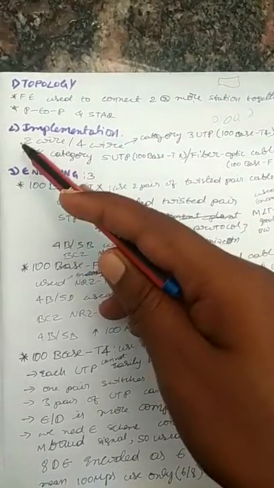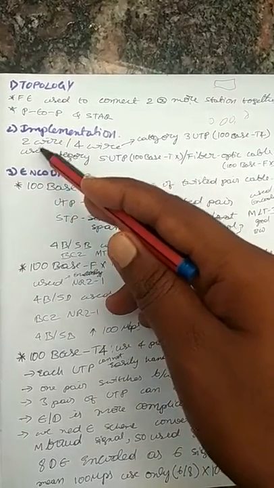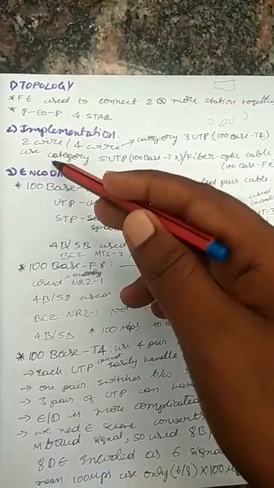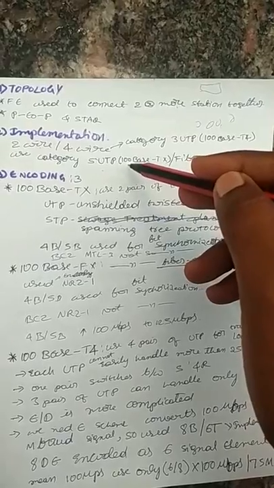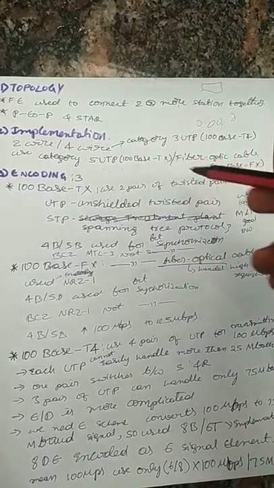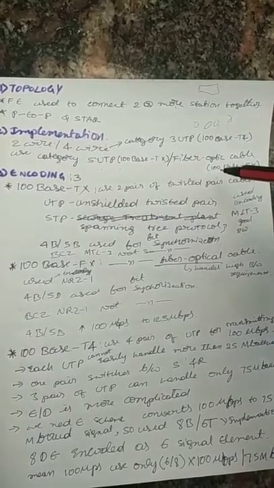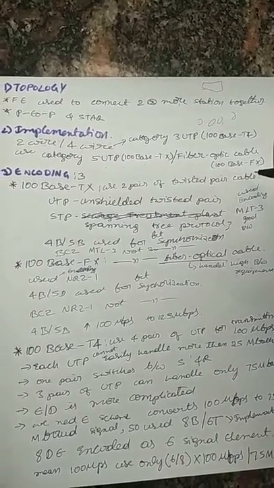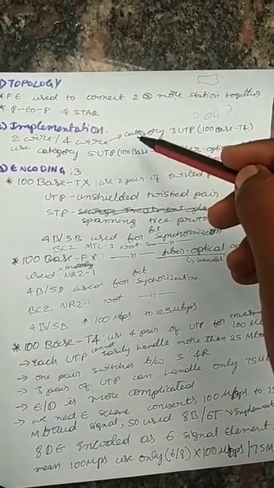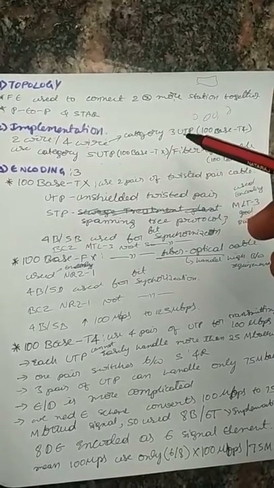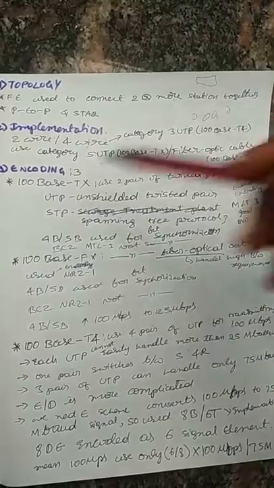If you are using 2 wires, we use category 5 UTP, that is 100Base-TX, or fiber optic cable, 100 Mbps 100Base-FX. Next, with 4 wires, for implementation we use category 3 UTP, 100Base-T4.